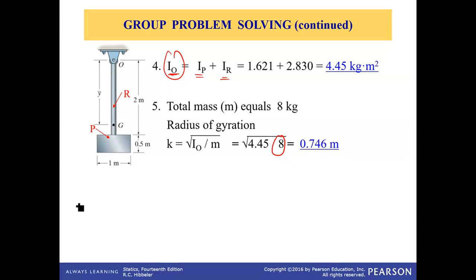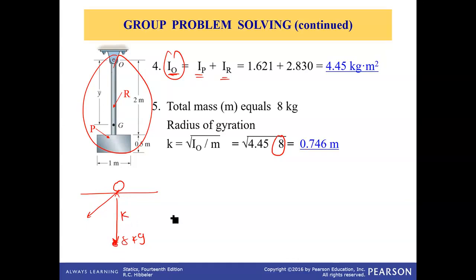What it means practically is that if you replace this total pendulum by a point mass of 8 kilograms, then the mass can be rotated at distance k, and that will have the same moment of inertia as that of the pendulum. This will help us to simplify the pendulum as a point mass, which actually plays a very important role when we solve dynamics problems.